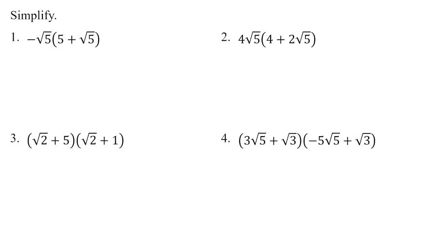All right, so let's say we have negative square root of 5 times 5 plus square root of 5. Well, we just apply the distributive property.